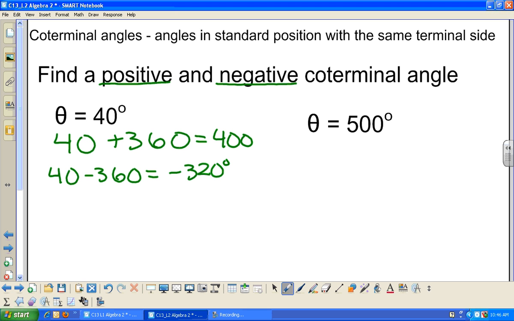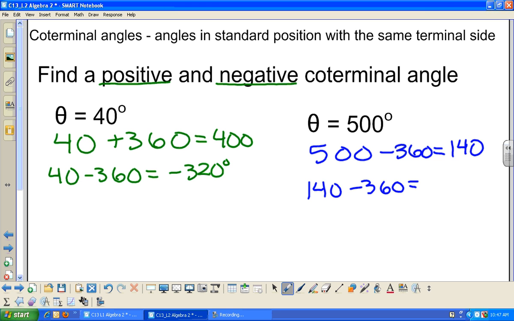So if I'm looking at 500, now 500 is greater than 360. So I'm first going to take 500 subtract 360. And this will be one coterminal angle. And since it's asking for a positive and negative coterminal angle, I'm going to take 140 subtract 360.